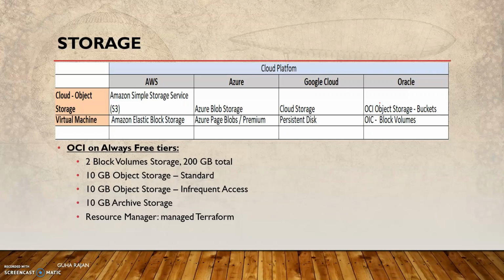The interesting fact here is that OCI, even with the always free tier, provides all these features. Even in the block volume, even in the object storage, they provide some of the features. So if you are using a free tier from a learning perspective, definitely it's a positive with Oracle Cloud Infrastructure.